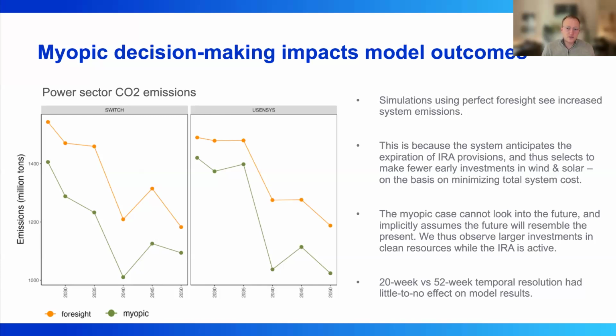And what we find is that simulations using perfect foresight see increased system-wide emissions. This is largely because the system anticipates or can see that the IRA provisions expire and thus selects to make fewer early investments in wind and solar, knowing that the PTCs are going to expire, right? And this is, of course, on the basis of cost minimization.